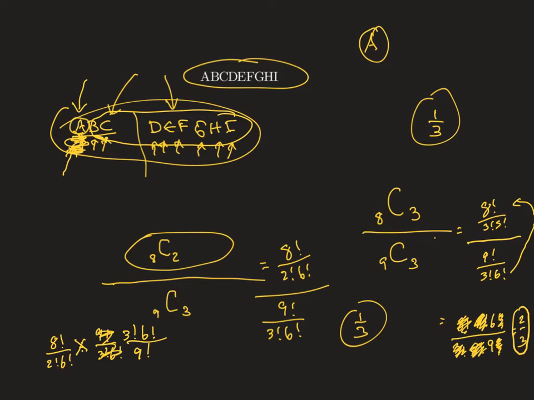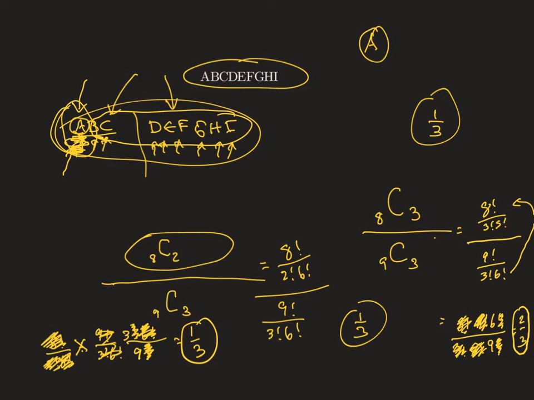Most of this cancels out. 8 factorial will cancel all of the 8 except for 1 9 left. These 6 factorials will cancel each other out. 2 factorial will cancel most of the 3 out. And you're left with 3 over 9, which is 1/3. All right, so that's 1/3 of the time this A will have been chosen.